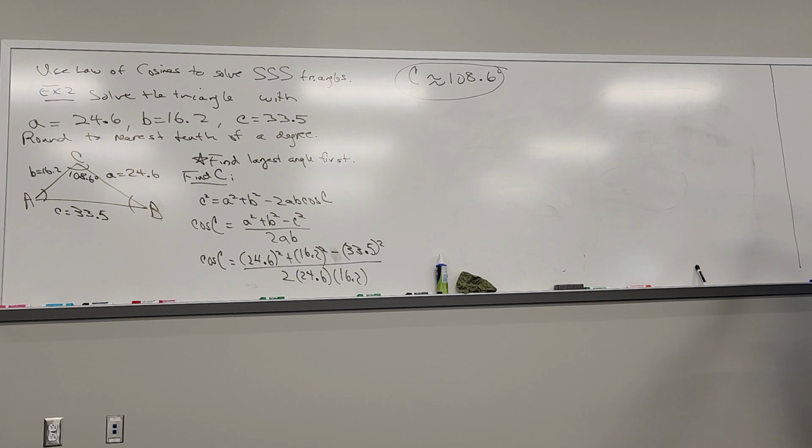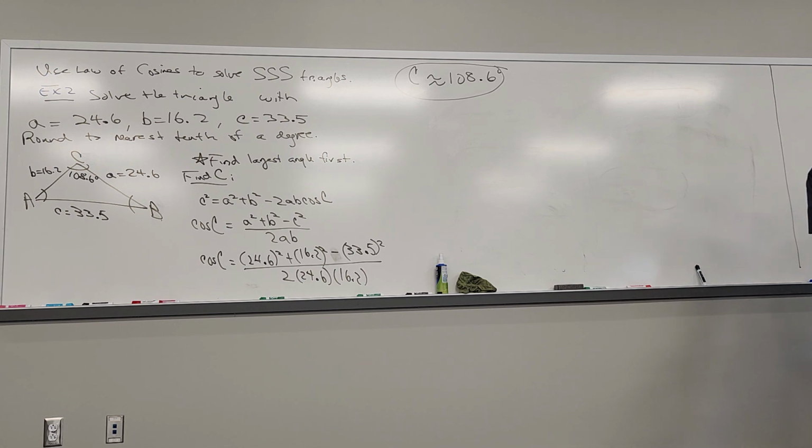I can use the law of cosines to do it, or I can use the law of sines. It does not matter which method you use, you've got to get the exact same value. I'm going to use the law of sines because it's a little less intensive as far as the mathematics.